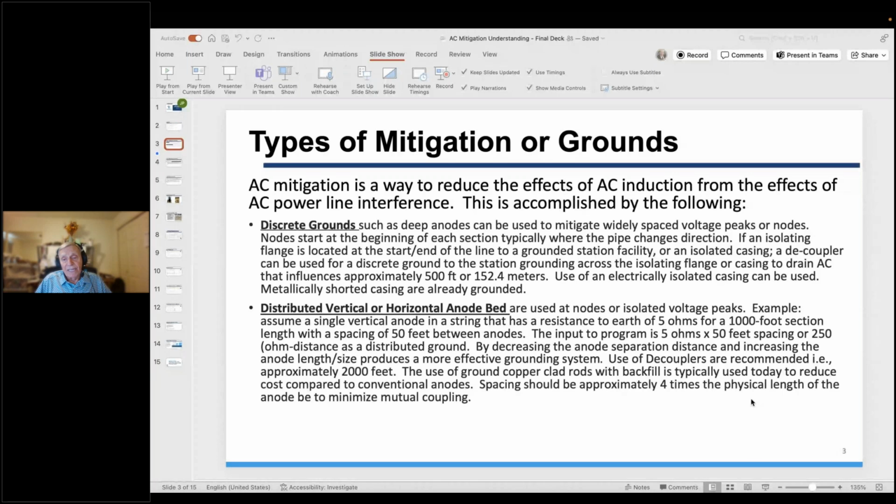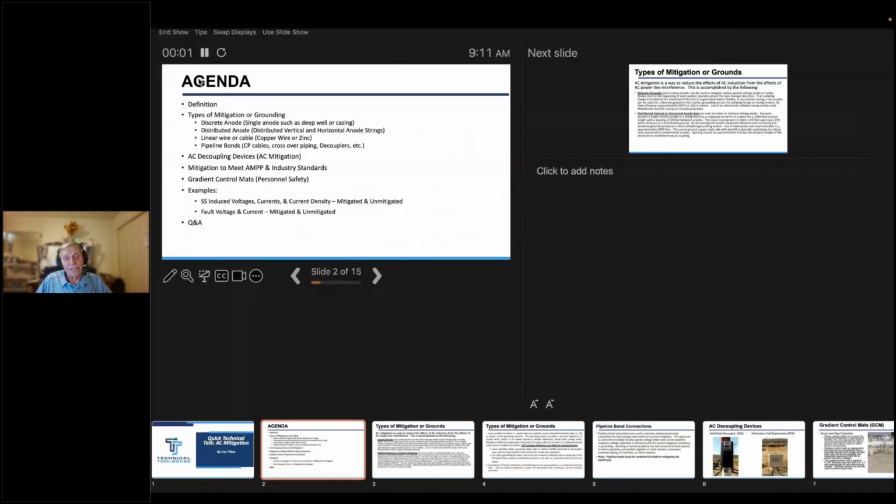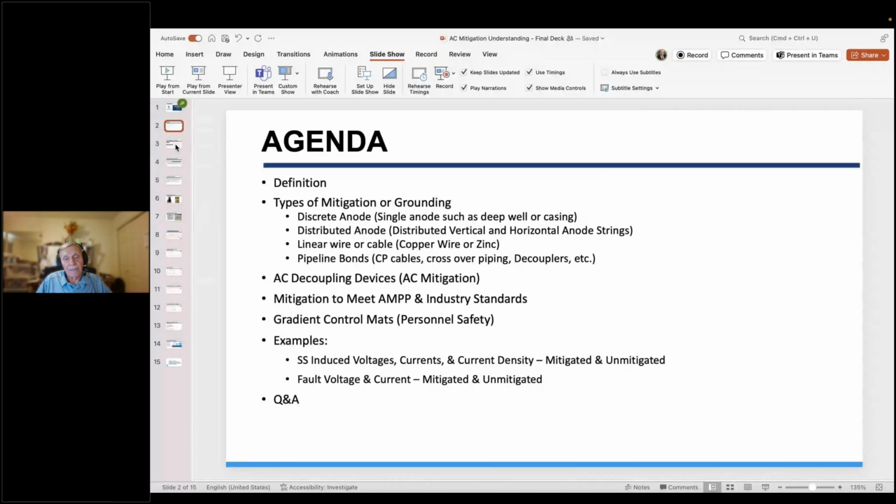The big thing with casings is that if it's already shorted, you could have a problem DC-wise as far as your cathodic protection goes. So keep that in mind regarding case crossings. However, they will dissipate the AC. And what kind of effect do they have? Generally, approximately 500 feet.